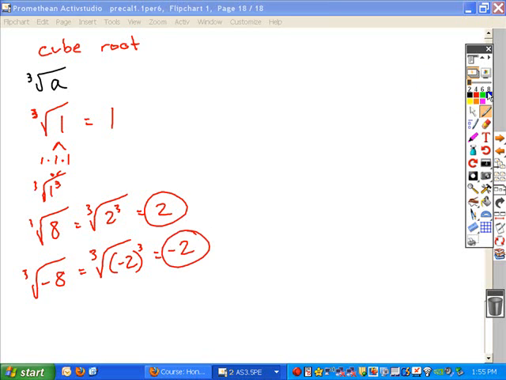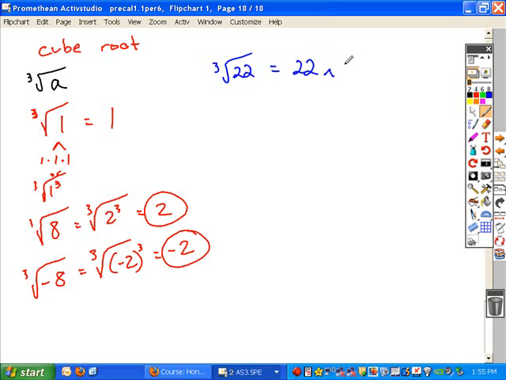If you need to evaluate cube roots on your calculator, and so if you were taking the cube root of 22 and writing the decimal form of this, the way that you would enter this on your calculator, and we'll talk about this in the next section, but I just want to give you a heads up here so you can use your calculators if necessary.